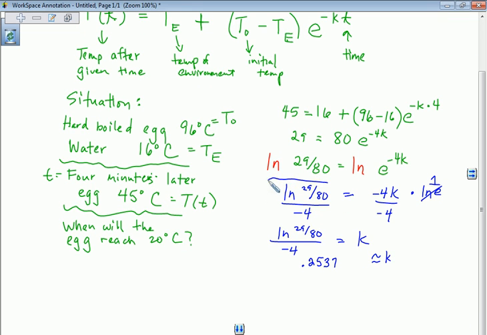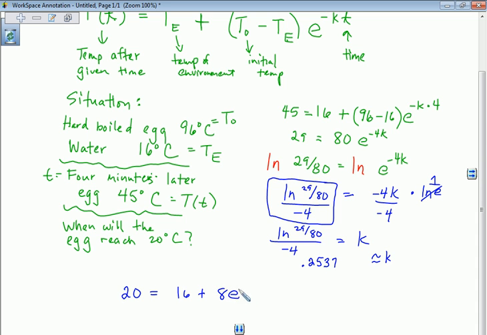But when I plug it back in, I'm going to plug back in the exact value right here, because that gives me less room for error. Now, the final question is, when will the egg reach 20 degrees Celsius? So we would say 20 is equal to 16 plus 80e.